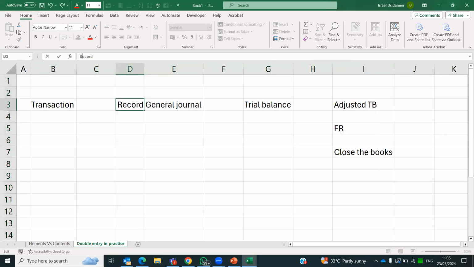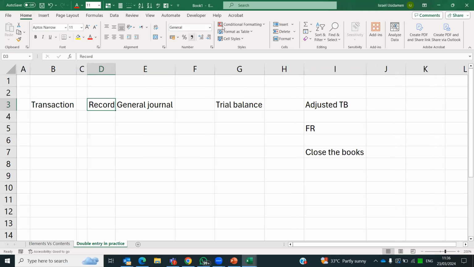And I see somebody also dumped it in the chat box quite briefly as well. I think Ife did. He said, or she said, I don't know if it's he or she. You know, nowadays we don't assume people's gender. So the person said financial transactions, ledger, journal, trial balance, financial reporting, quite concisely put.